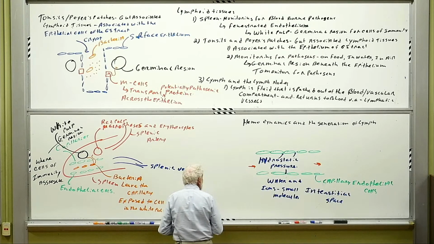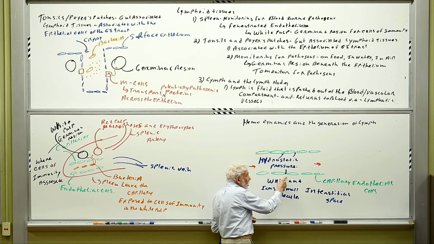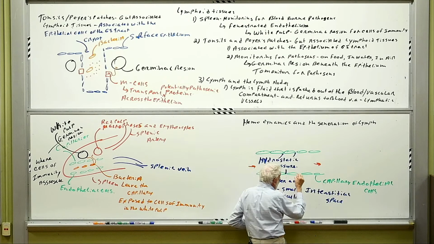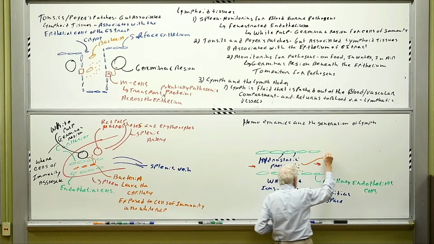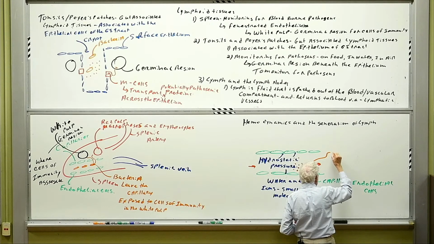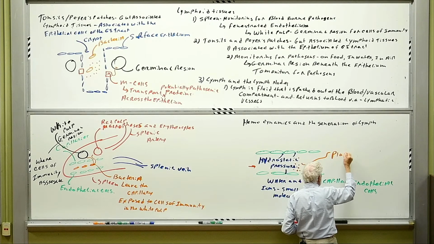But it turns out that the gaps between the endothelial cells are so small, they're kind of like a sieve. The gaps between the endothelial cells don't permit the movement of plasma proteins.